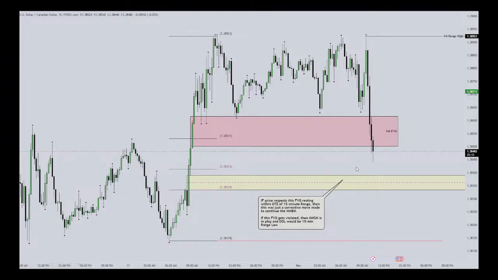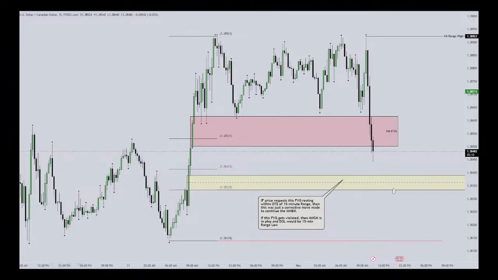So my eyes were looking at this fair value gap, and I wanted to see how price reacts at this fair value gap. Okay, if it violates it, then it confirms the market maker sell model and that it's drawing towards sell side liquidity.